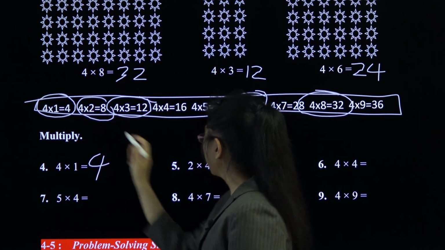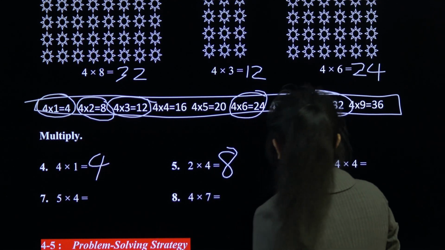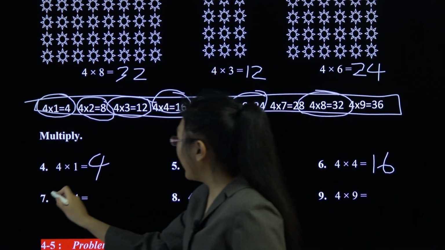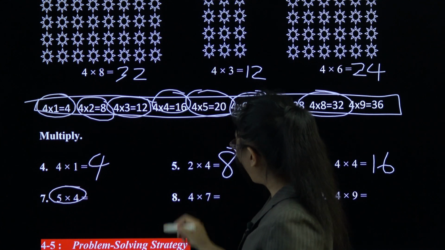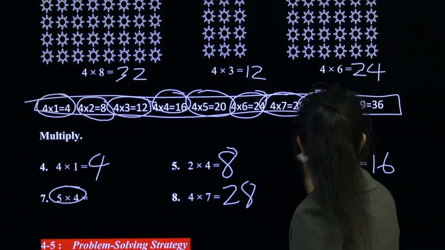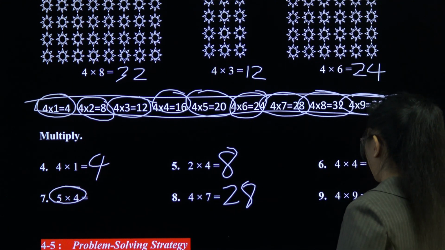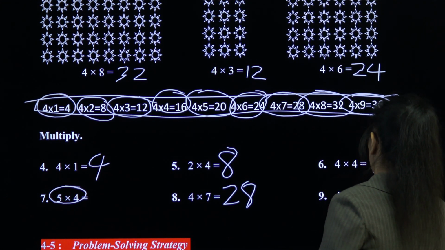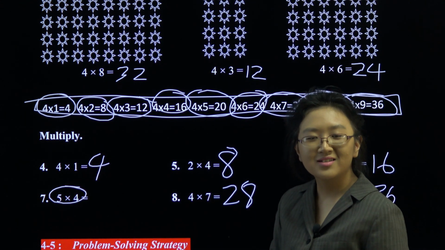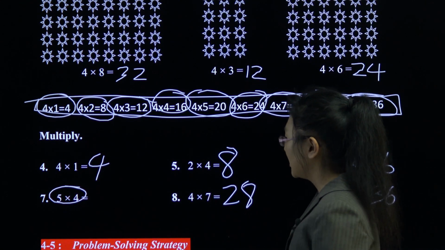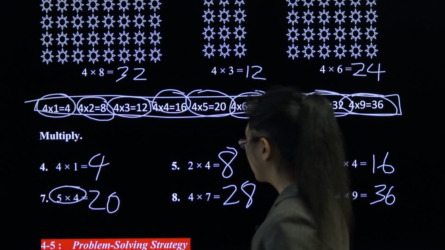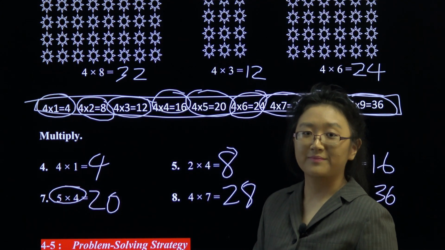They are the same thing, so 2 times 4 is 8. 4 times 4 is here, 16. 5 times 4 is 20. 4 times 7 is 28. And 4 times 9 is 36. So yeah, multiplication is really just remembering your times tables.